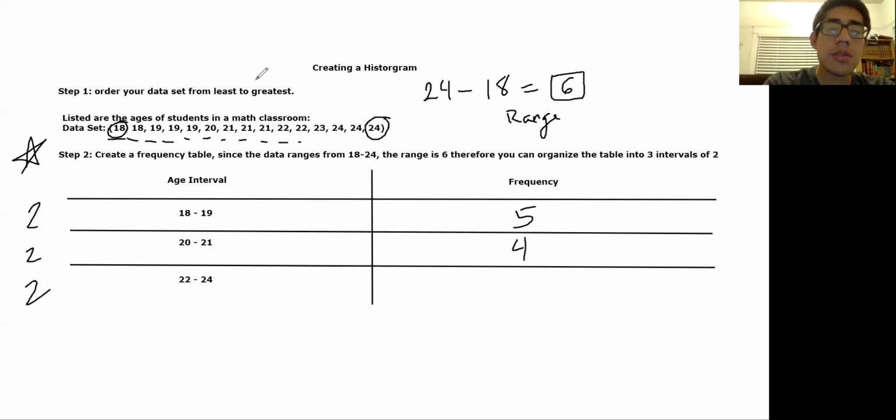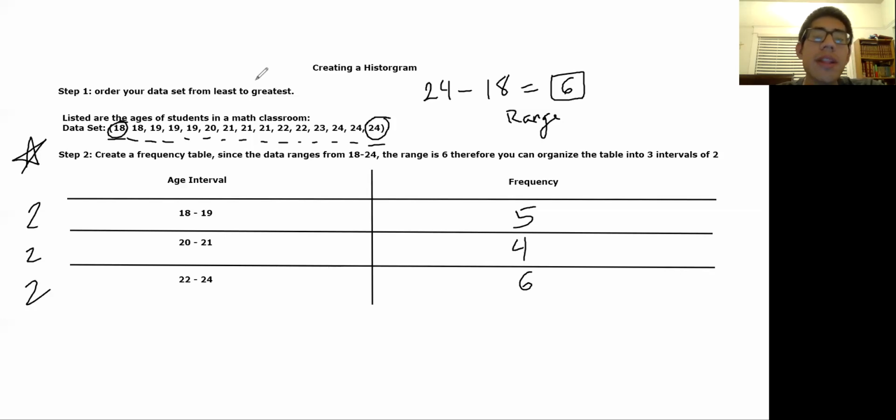Let's see, 1, 2, 3, 4, 5, 6. There's 6. Now, if you notice, 6 plus 4 plus 5 is 15. Remember in the beginning I said there was about 15 numbers in the data set? Well, that's where I got that from. I counted them, and I can add up my frequencies to equal my data set at the same time.